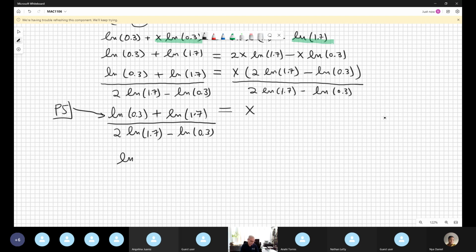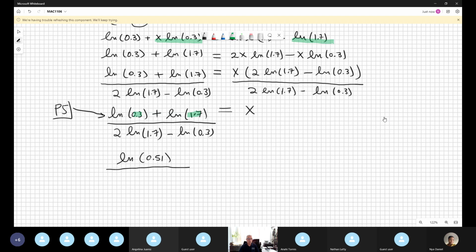Then I do it in my calculator: 0.3 times 1.7, the answer is 0.51. So this is equivalent to only one single logarithm. You see the beauty of this? This and this together, multiplication, in only one single.